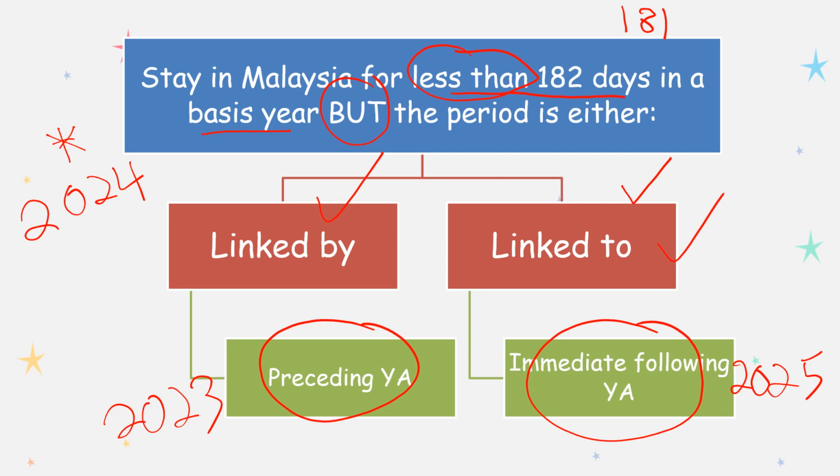So we need help from these 2 years. So what kind of help? We need 182 days consecutively, either from last year or next year.